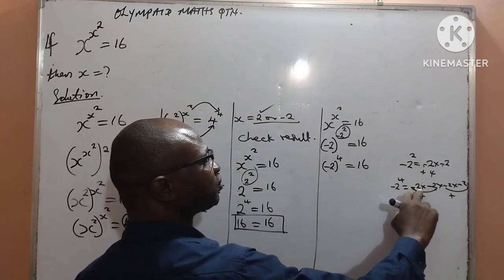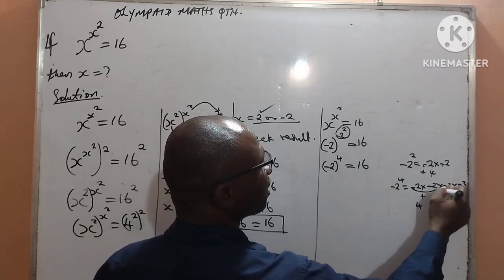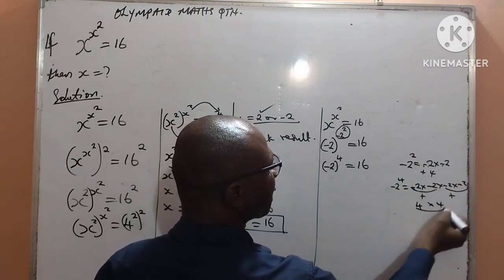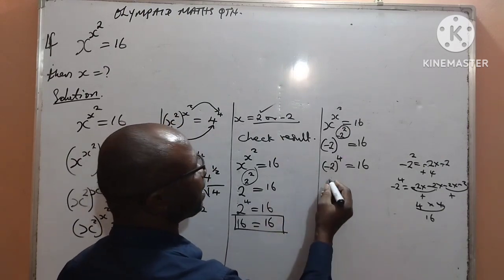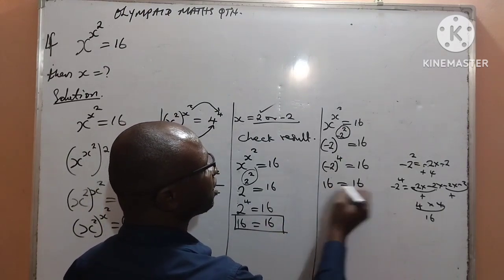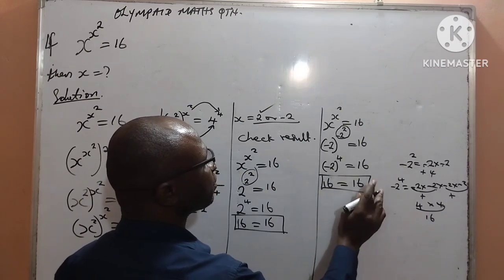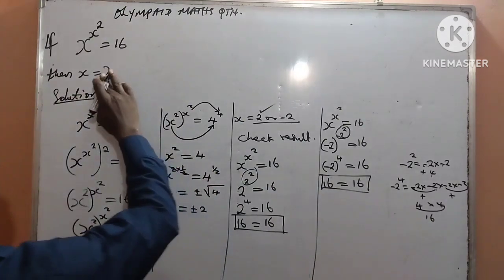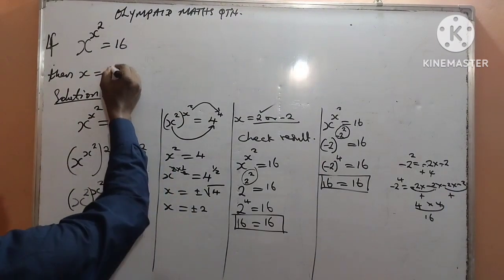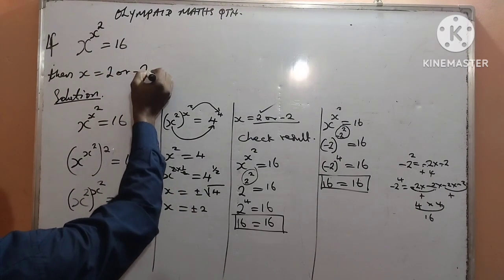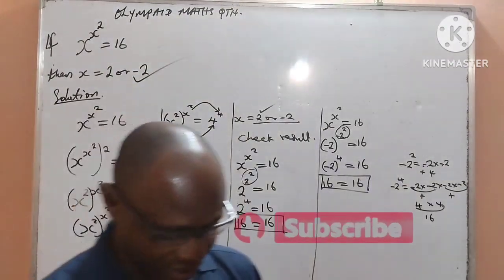So at the end of the day, we'll have 2 times 2, which is 4, 2 times 2, which is 4, and 4 times 4 will give us 16. So we can now say, therefore, that minus 2 raised to power 4 is positive 16, which is also by the right hand side, positive 16. Authenticating the answer that we have gotten, that the value of x in the given question is equal to positive 2 or negative 2.